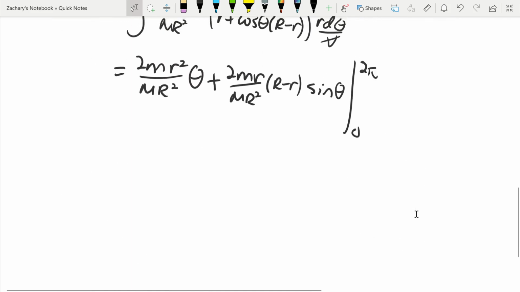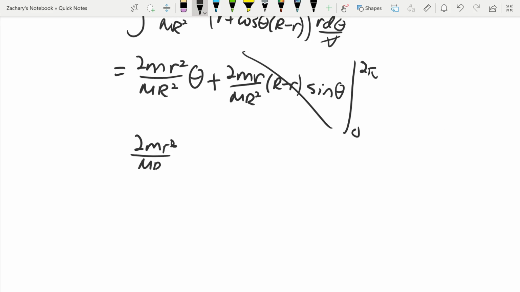Now we have this integral, and the nice thing is that sine 2 pi is equal to sine 0, so when we subtract them, this part just cancels, and all we're left with is 2m r squared over big M big R squared times theta from 0 to 2 pi.